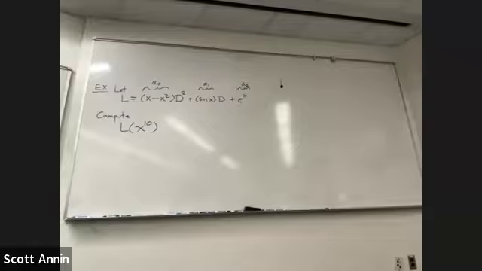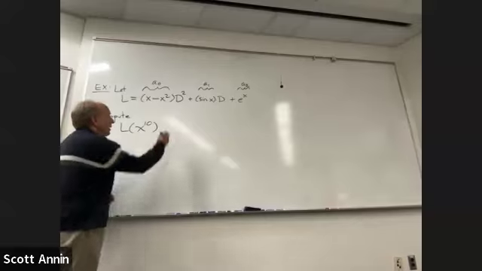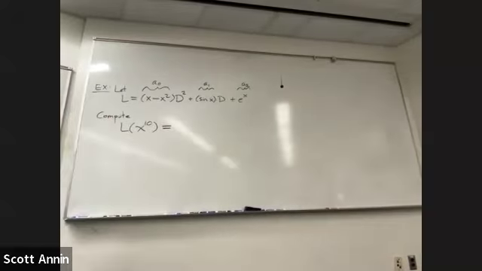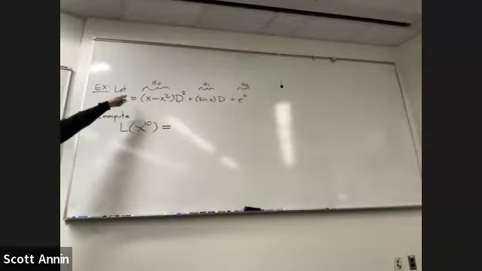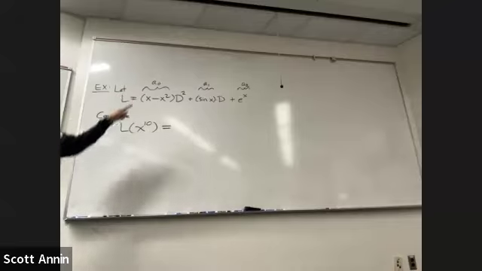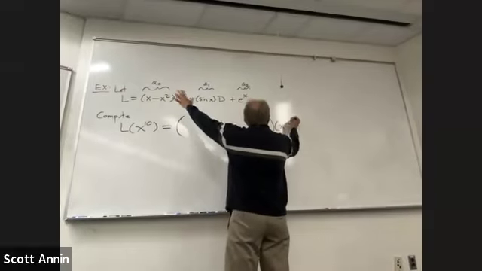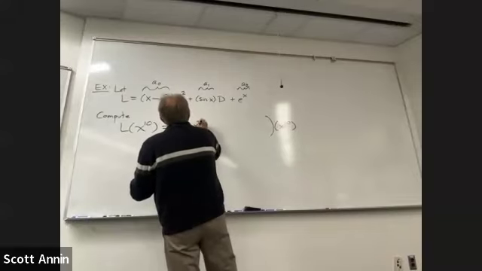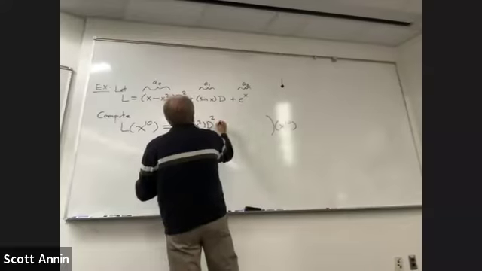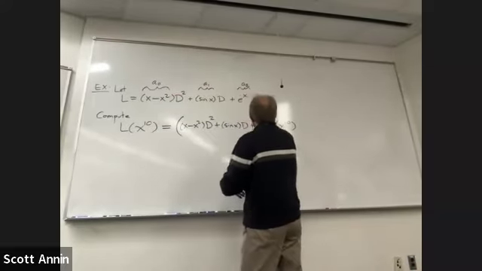Okay, so this is just a basic example to show you what's going on with this thing. If I ask you to plug in x to the 10th into this operator, what that really just means is you're going to plug this x to the 10th into this whole thing. So I have x minus x squared d squared plus sine of x d plus e to the x, right?